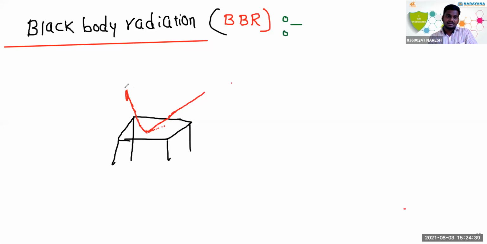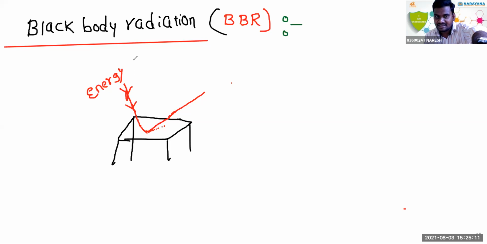So when a radiant energy, this is energy, we have to assume in our mind that we are passing a light. When a beam of light falls on the surface of a metal, assume there is a table-like metal, a metal surface body.